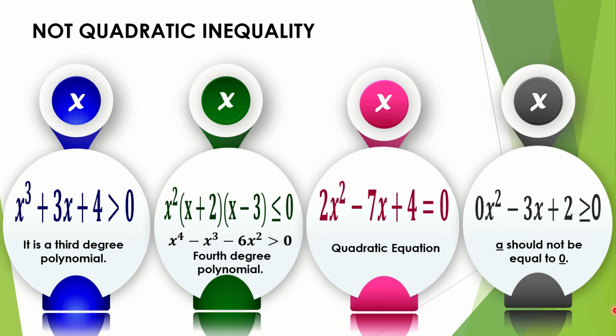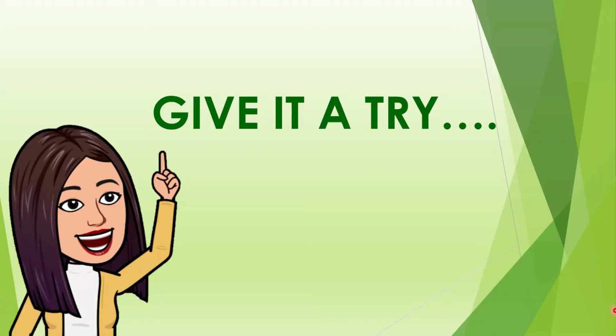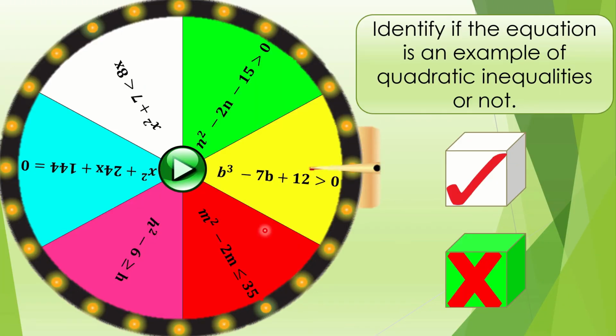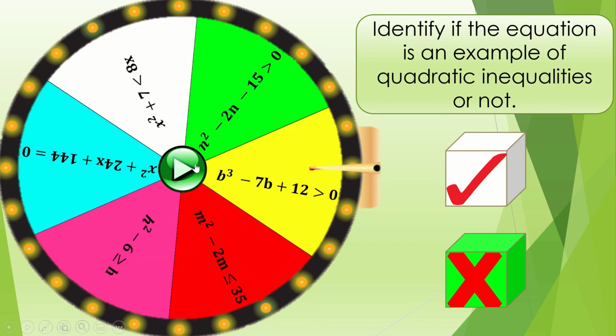Now that you know what is a quadratic inequality and what is not, let us have this activity. Give it a try. You identify if the equation is an example of quadratic inequalities or not.